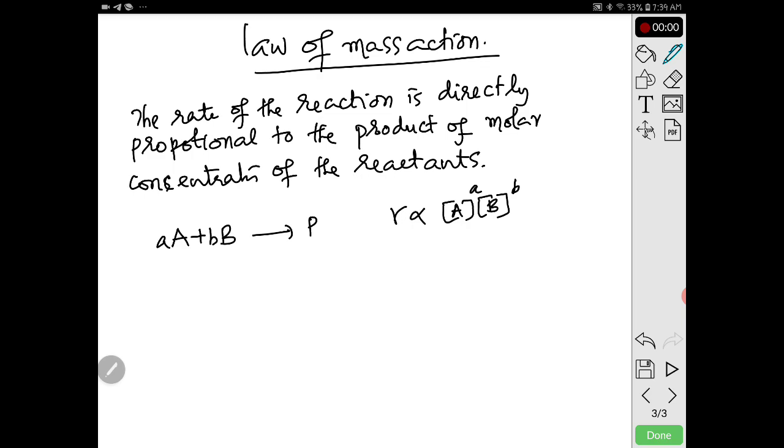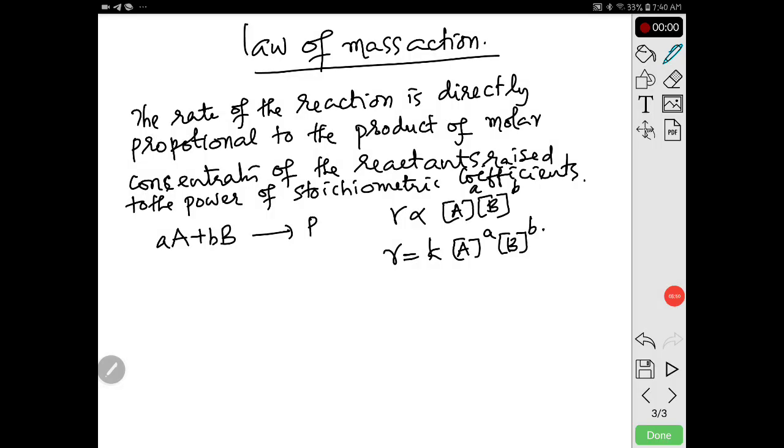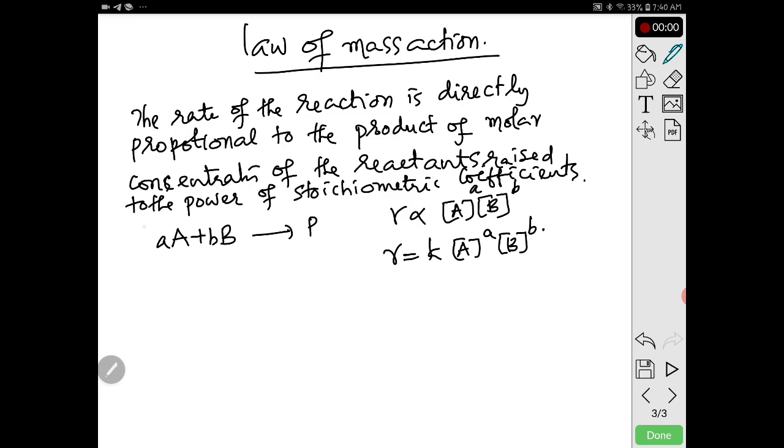When you introduce a proportionality constant, you can write rate = k into the molar concentration of A raised to a into the molar concentration of B raised to b. So you can modify the definition: the rate of the reaction is directly proportional to the product of the molar concentration of the reactants raised to the power of the stoichiometric coefficients expressed by the balanced chemical equation.